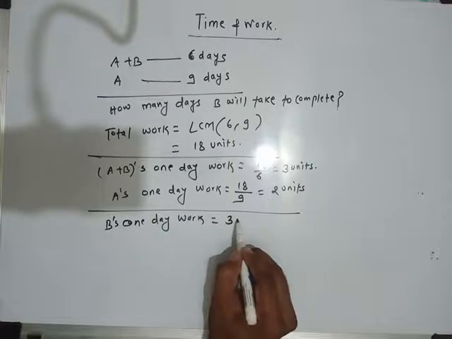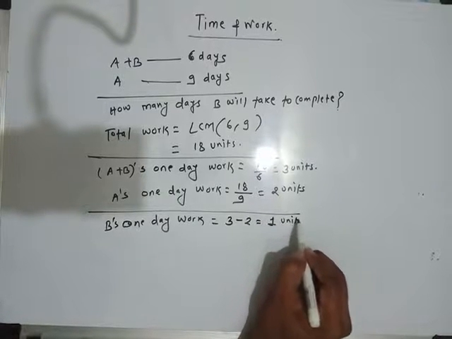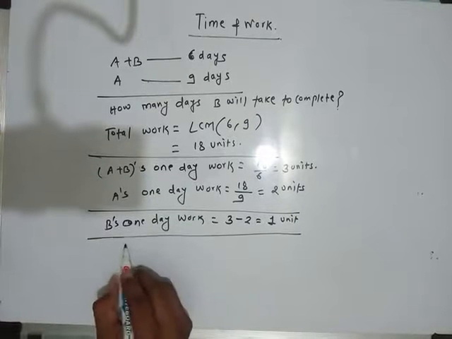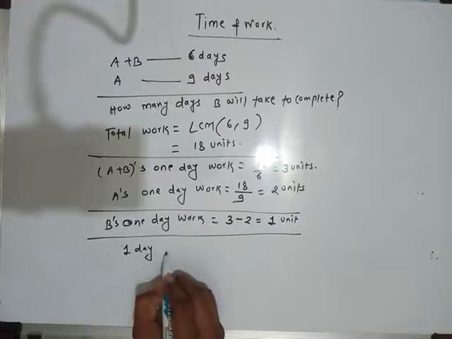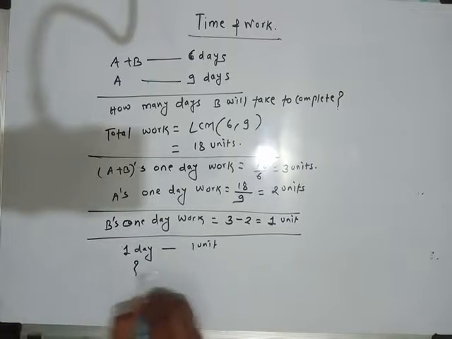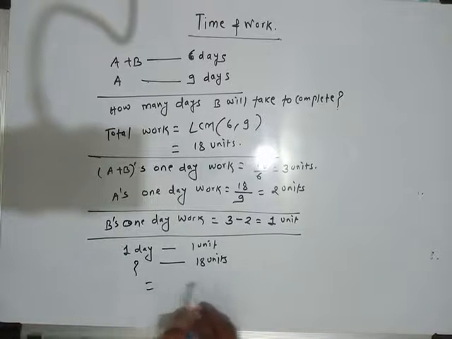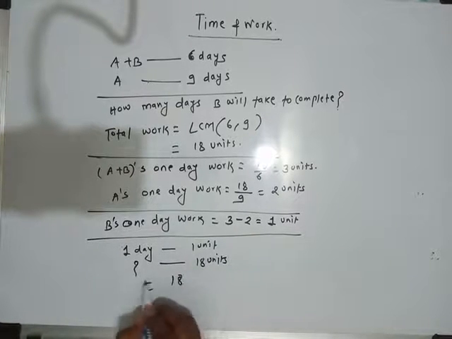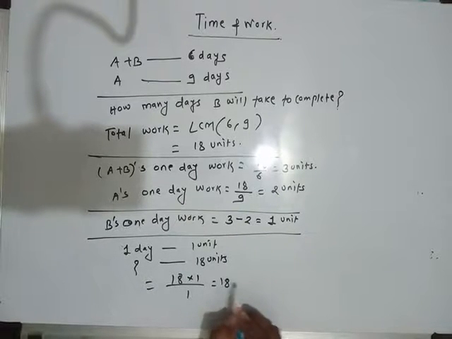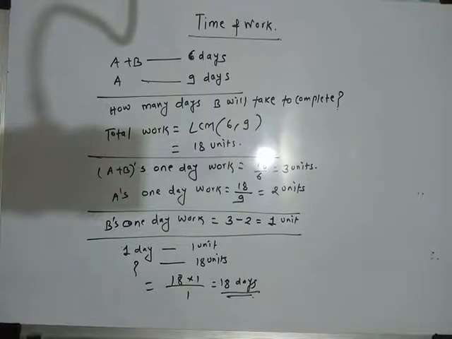So B will do 3 minus 2, 1 unit of work in one day. So one day, 1 unit. So for 18 units, how many days? That is equal to 18 into 1 divided by 1, which is equal to 18 days. So B alone will take 18 days to complete the work.